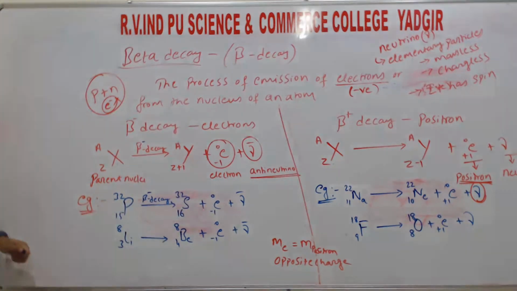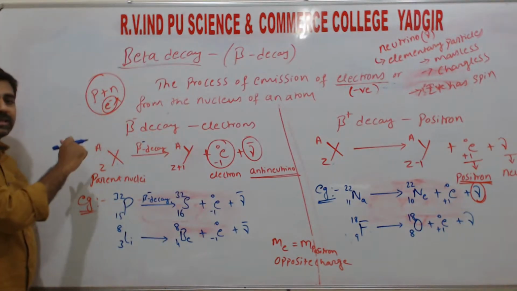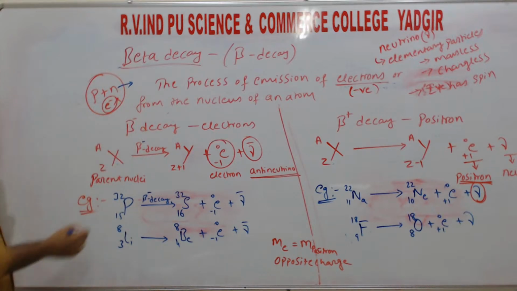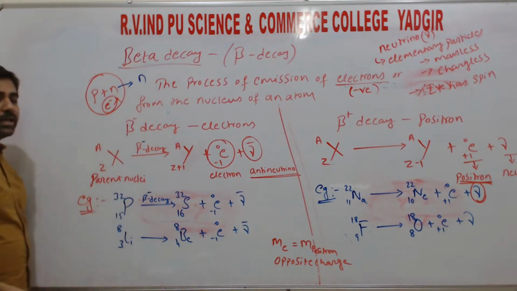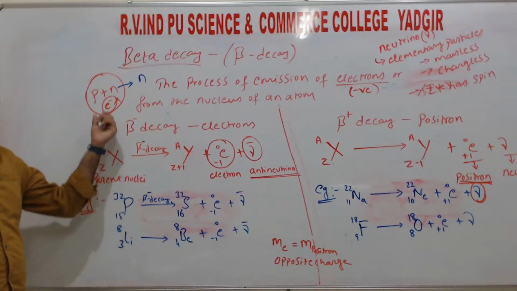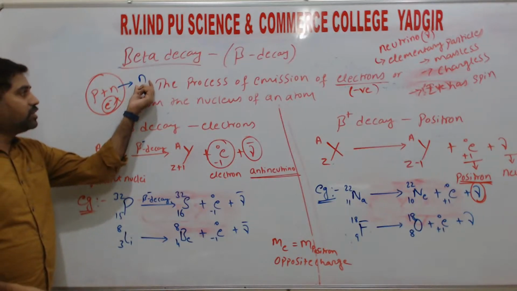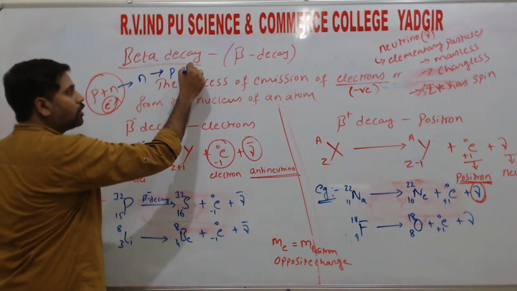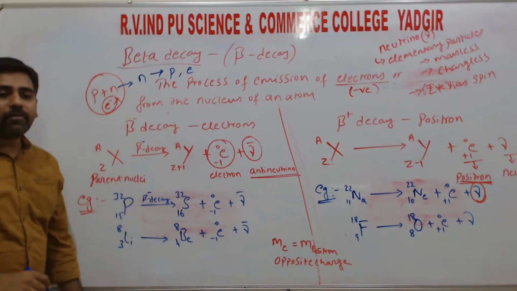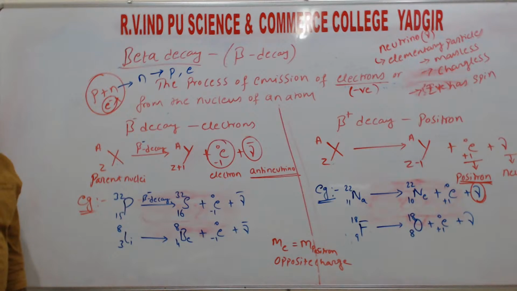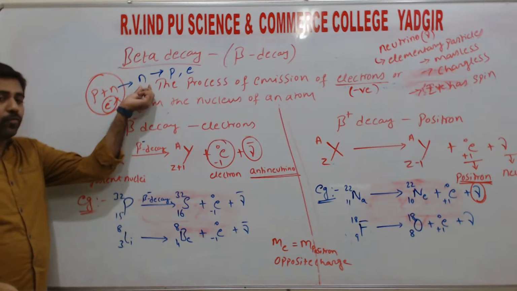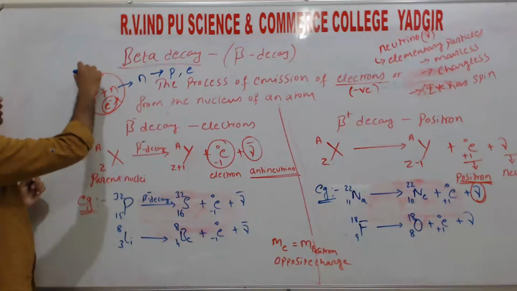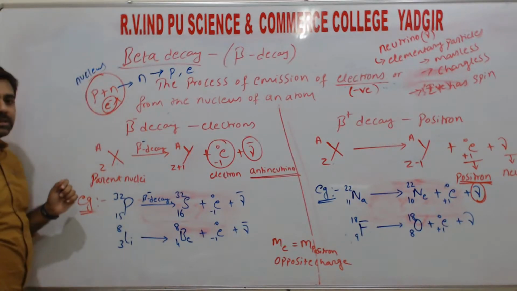As already said in the last class, when a neutron comes outside the nucleus, it is unstable. This neutron decays into a proton and an electron, along with an anti-neutrino.